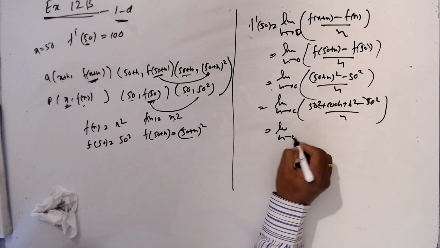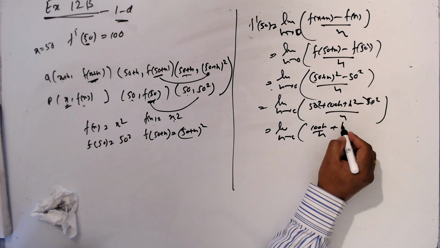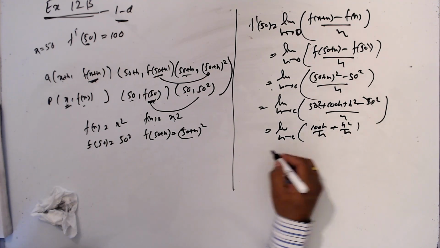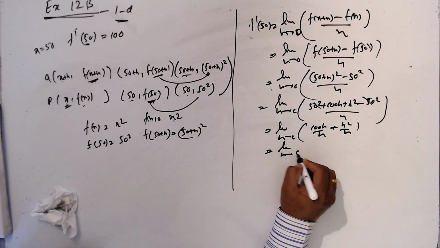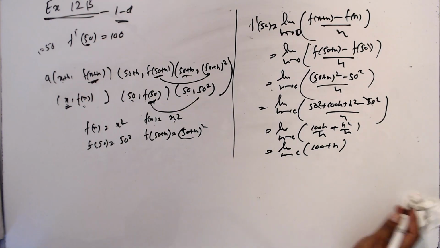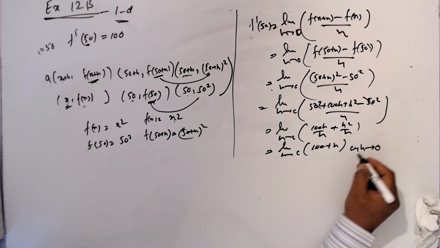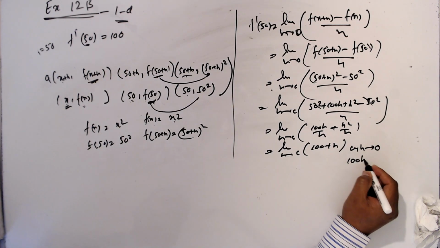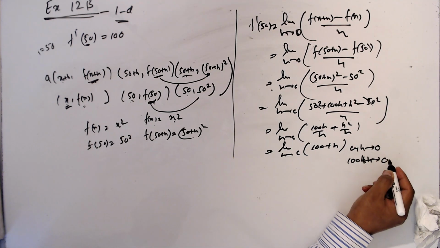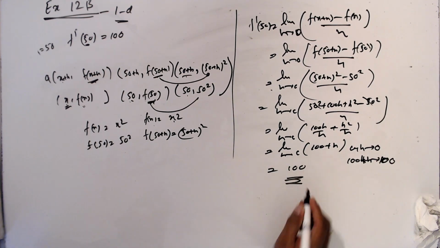Limit h tends to 0 of 100h over h plus h square over h. Now as h goes to 0, 100 plus h goes to 100. So the final answer is 100.